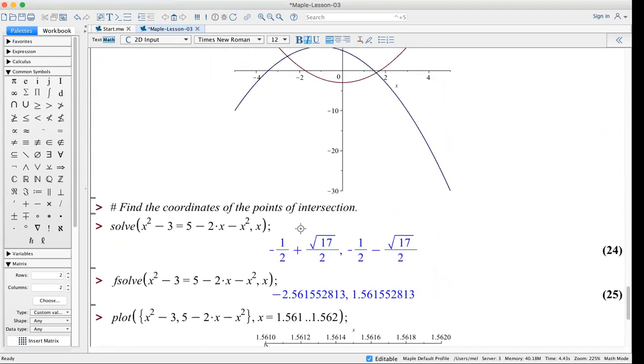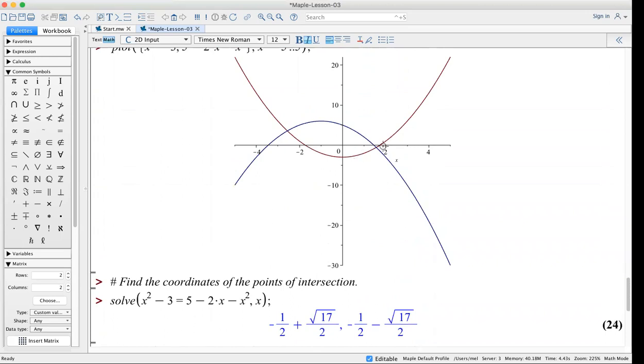So we can see that by magnifying the curve at this point. And at the second point of intersection, we can magnify the curve and find the y coordinate here.